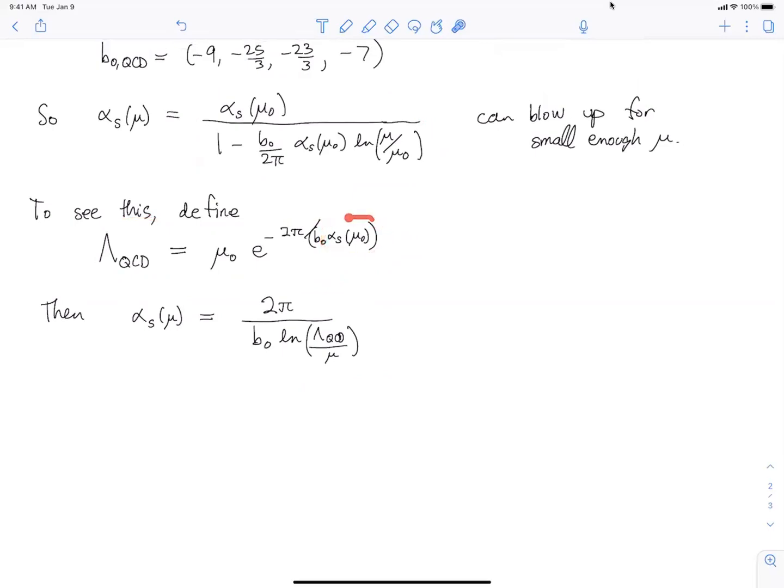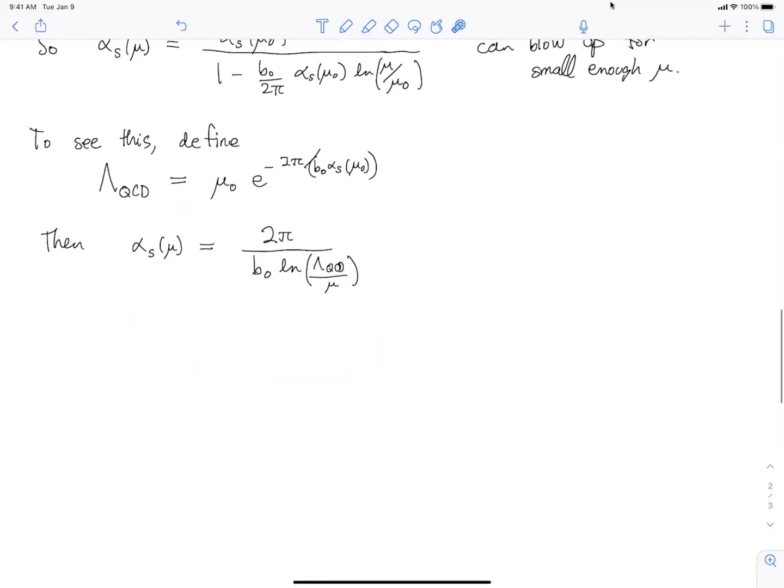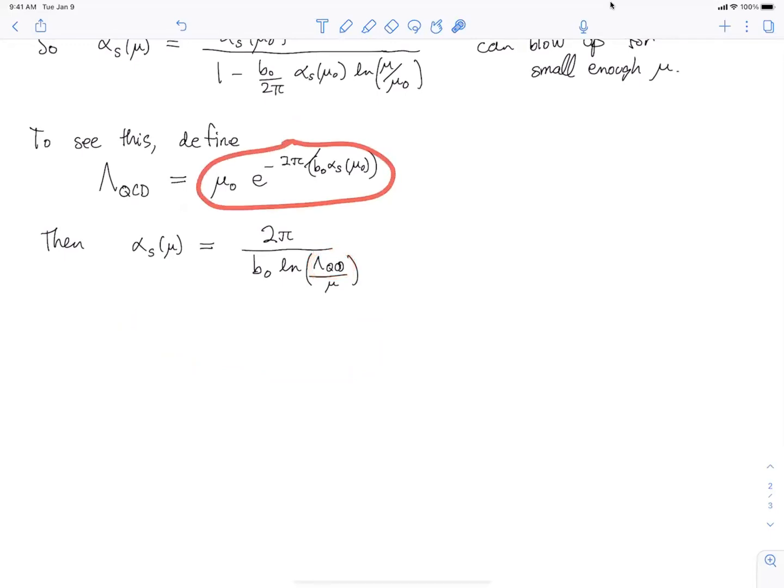So you can solve this for alpha_S of mu0, plug it in, and then do a little bit of algebra, and you end up with this equation here. So this is great because now on the right-hand side, there's nothing that depends on alpha_S at all. There's just this Lambda QCD scale, some fixed scale. Everything here is a constant.